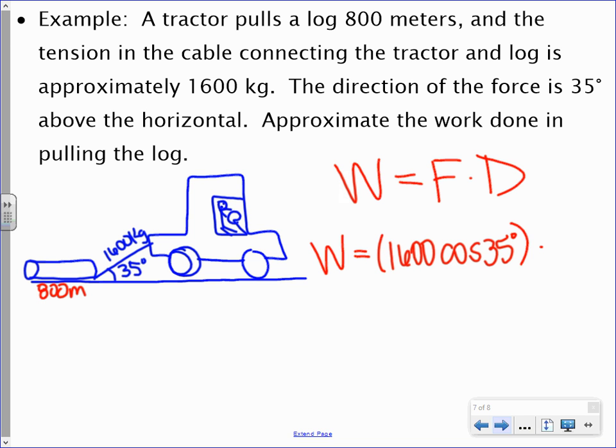And then our displacement of 800 meters. So please help me out. What is 1,600 times the cosine of 35 times 800? Don't forget to close your parentheses off after the 35 degrees.